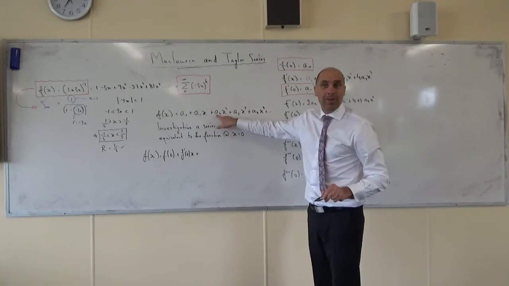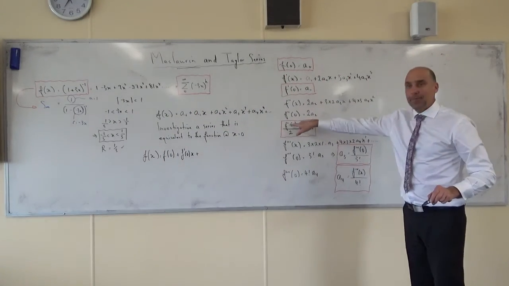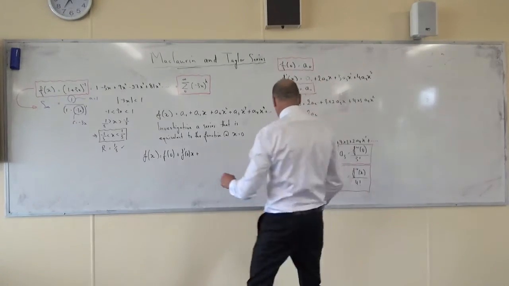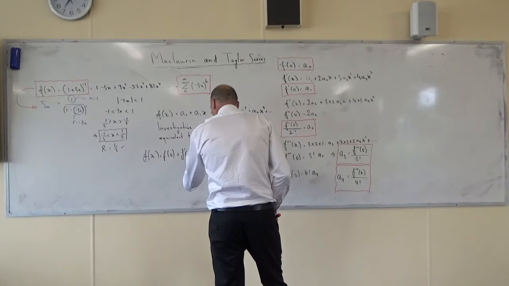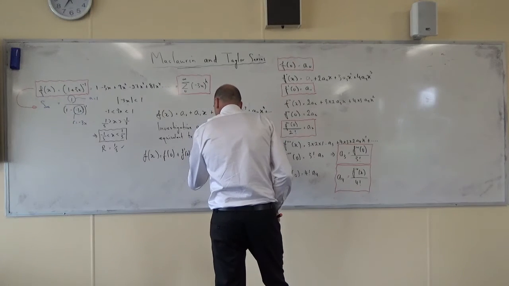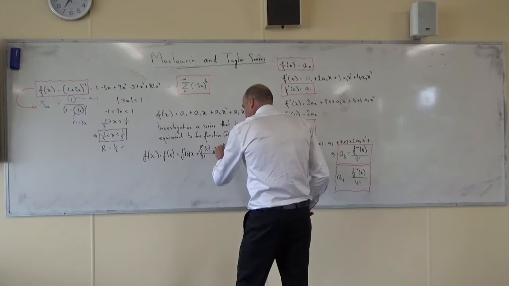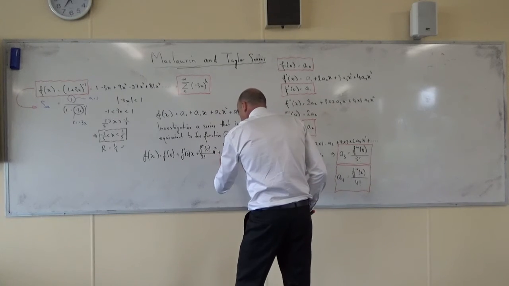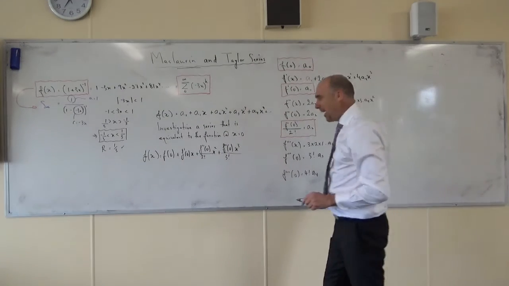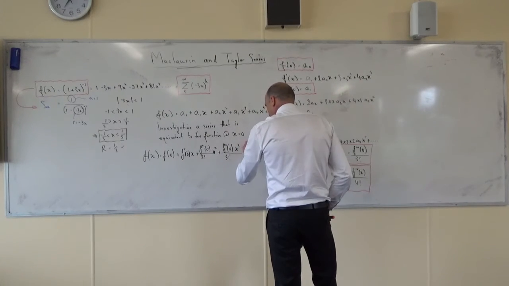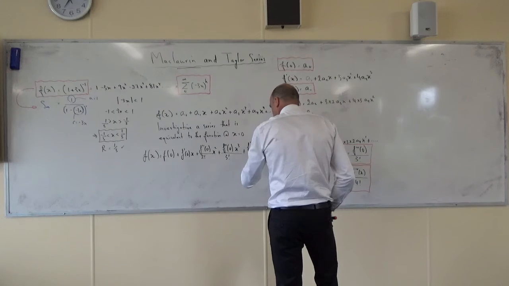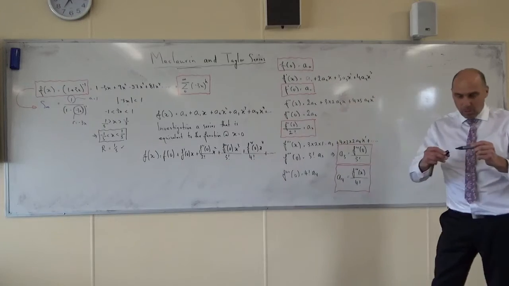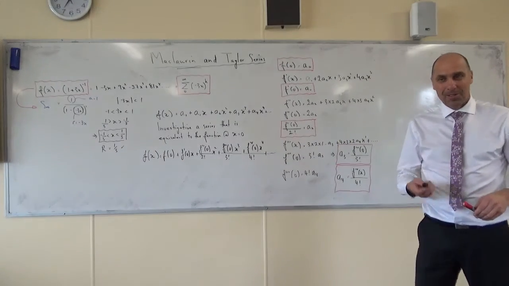What's a2? a2 is f double dash 0 on 2 factorial, times x squared. What's a3? f triple dash 0, x cubed on 3 factorial. What's the next one? f fourth derivative 0, x to the power of 4 on 4 factorial, plus dot dot dot. And there we have what is known as our Maclaurin series.